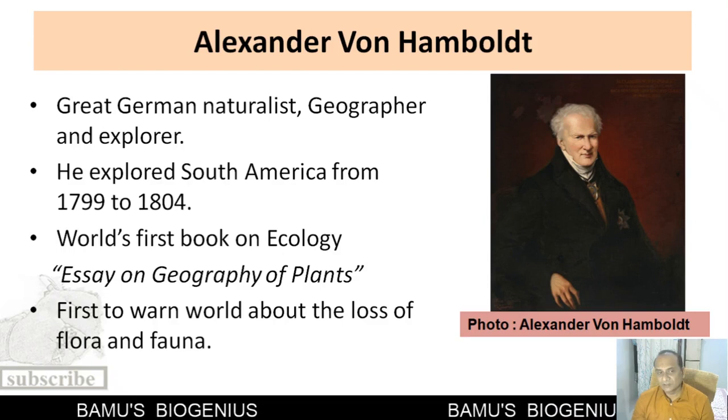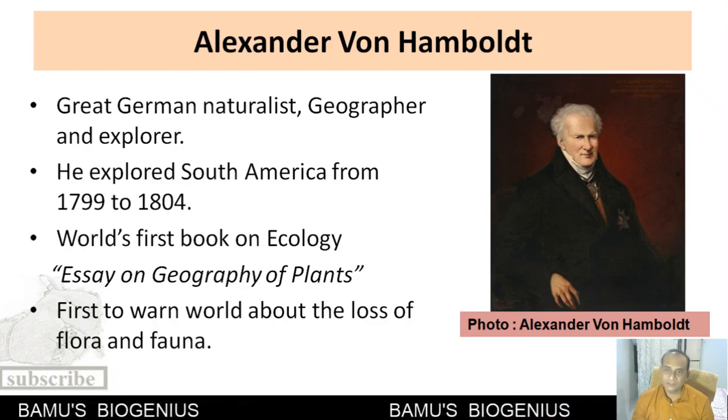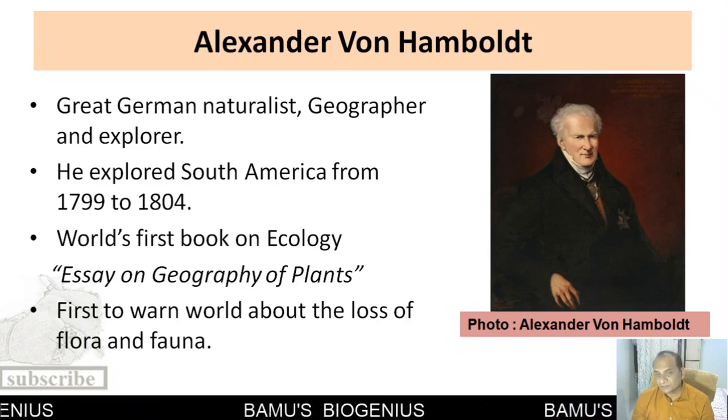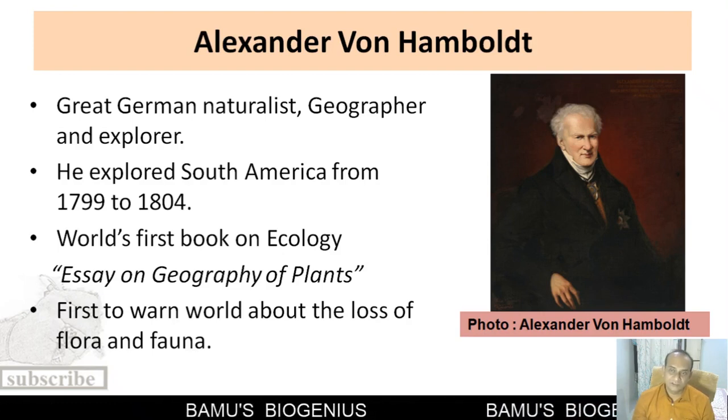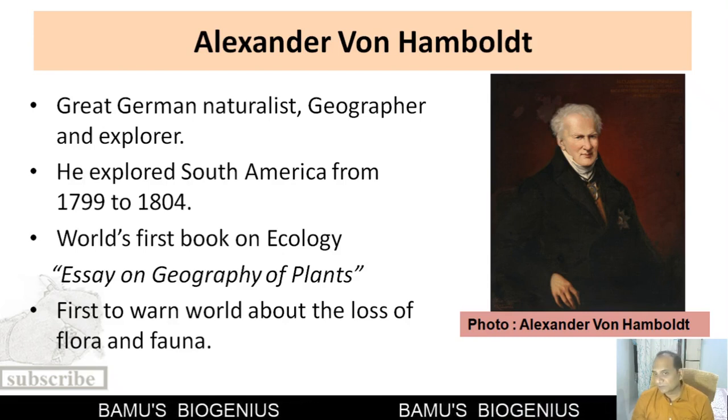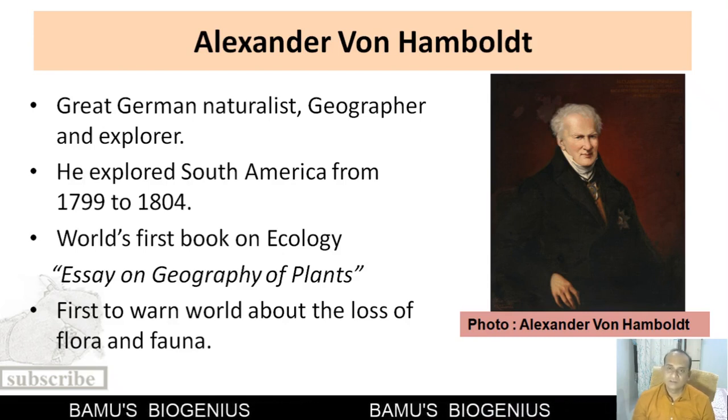Its name was Essay on Geography of Plants. His books were referred to by Darwin himself on HMS Beagle during his voyage. He was the first researcher who warned the world about the depletion of the environment, or the loss of flora and fauna in the world.